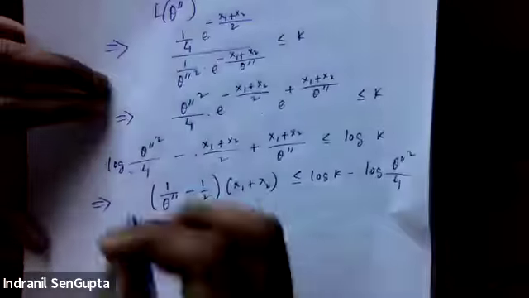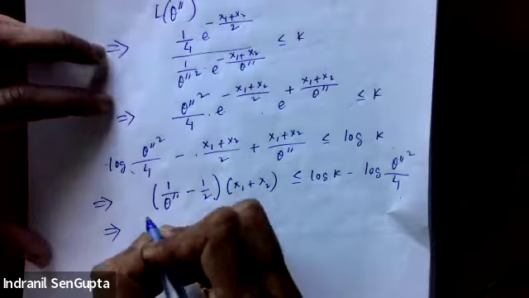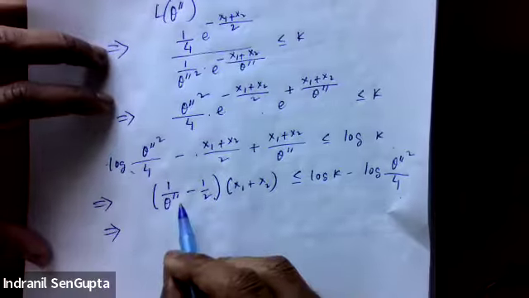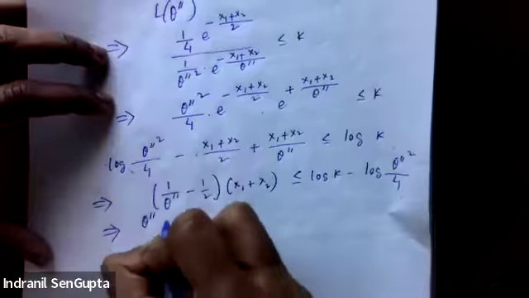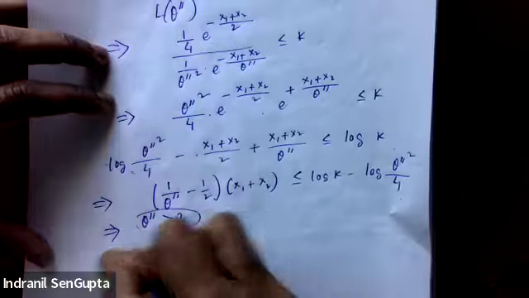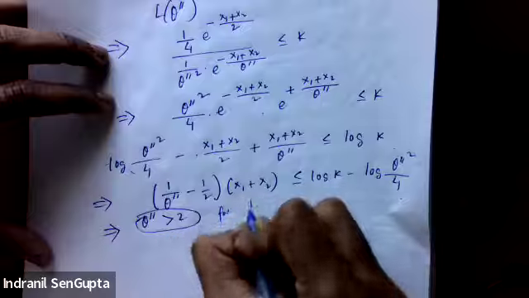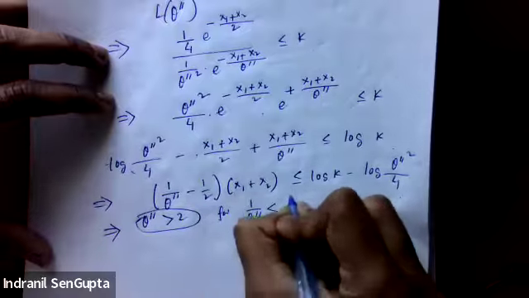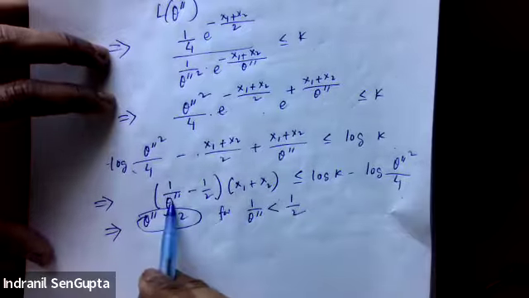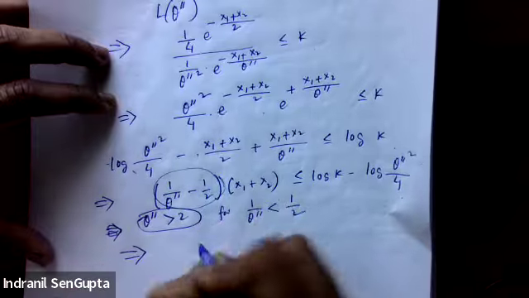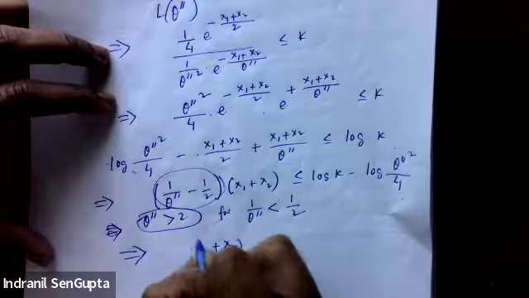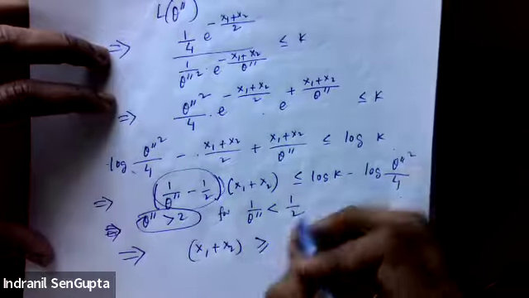Okay. And therefore, usually this theta double prime is bigger than 2. So 1 over theta double prime is less than 1/2. So this quantity here is negative, right? So when I multiply by that, my inequality is changed.